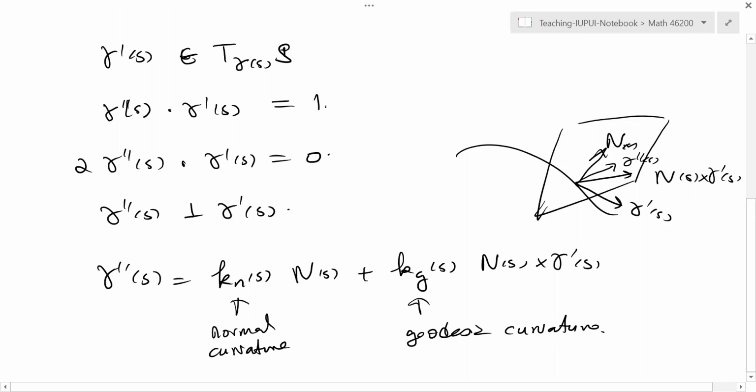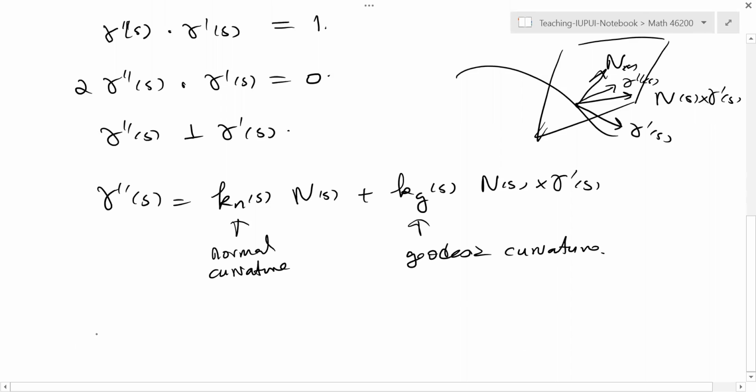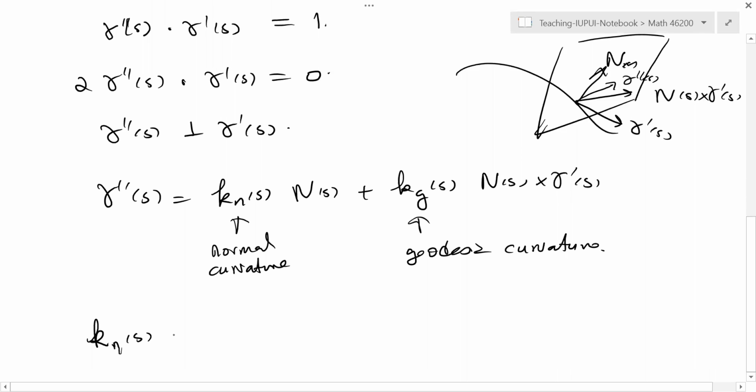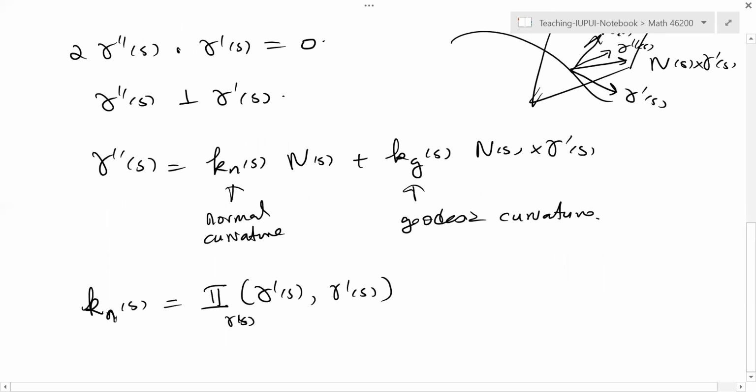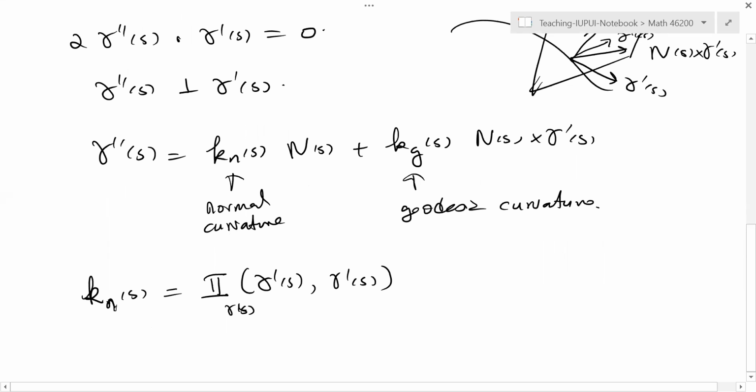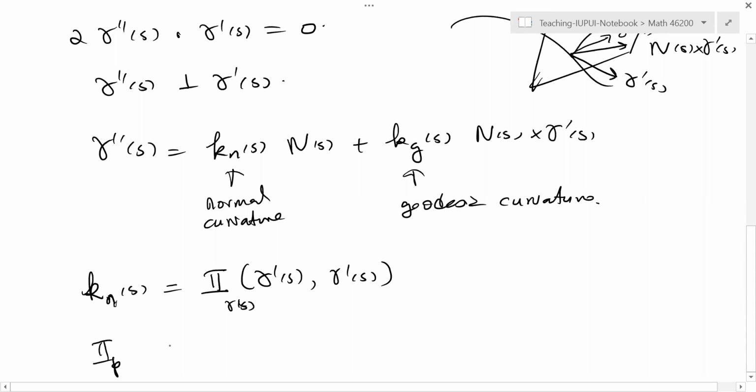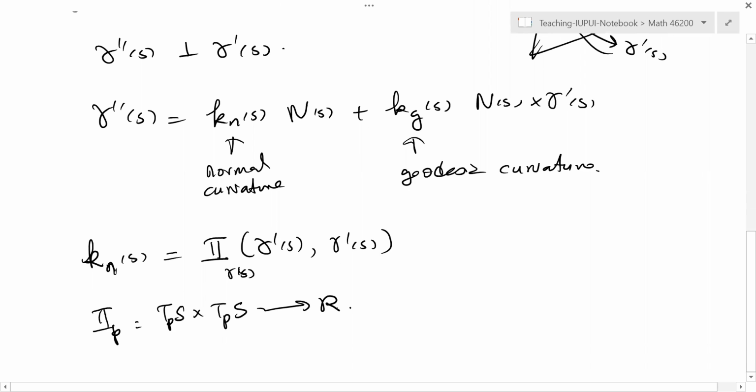We know that the normal curvature is actually the value of the second fundamental form in the direction of the tangent vector at the point. Because at every point there's a normal vector, and the second fundamental form there is a bilinear form, it's determined by the normal curvature.